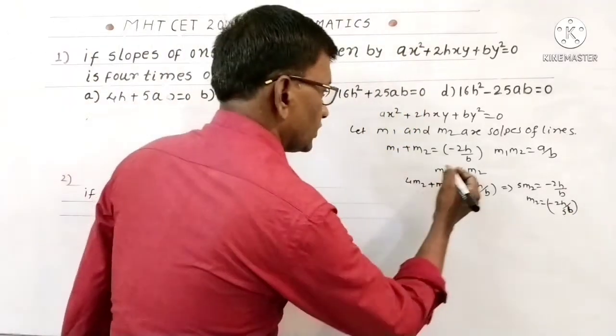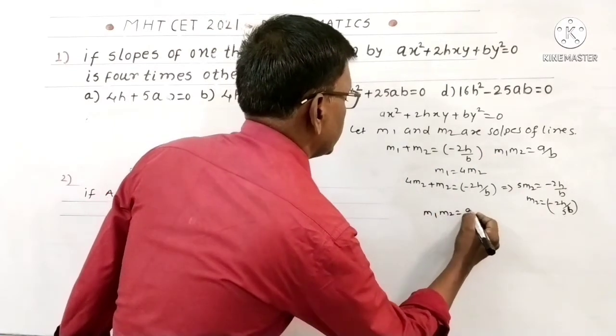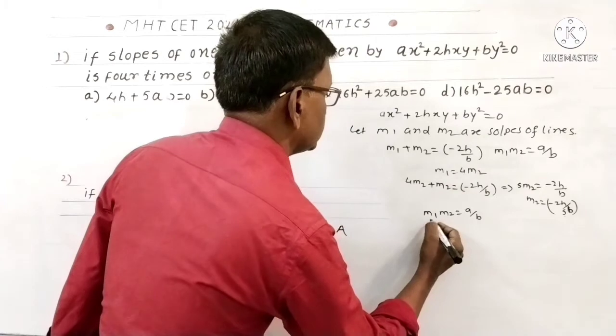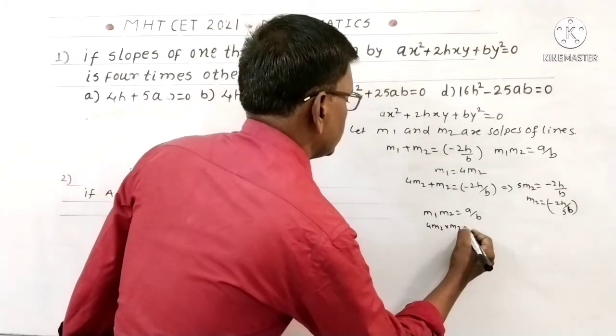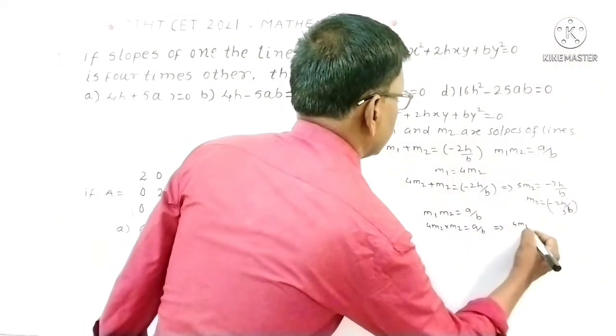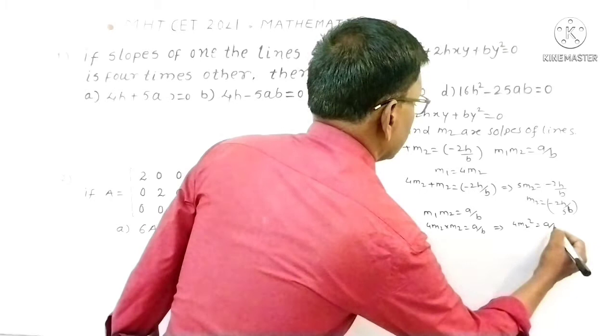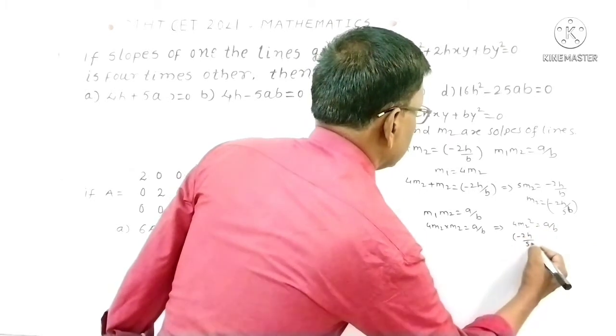And again we have another relation, m1 m2 is equal to a by b. We have m1 is equal to 4m2, into m2 is equal to a by b, which implies that 4m2 square is equal to a by b. m2 is minus 2h upon 5b.